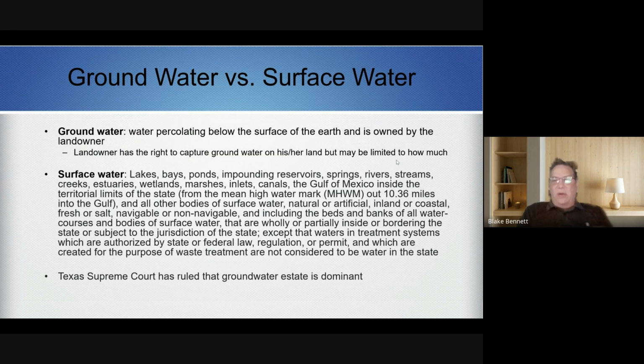Same thing with groundwater and surface water. Groundwater is water that's below the surface. It's underground. Surface water means just that. It's water on the surface. These are completely different. The Supreme Court of Texas has ruled that the groundwater estate is the dominant estate.